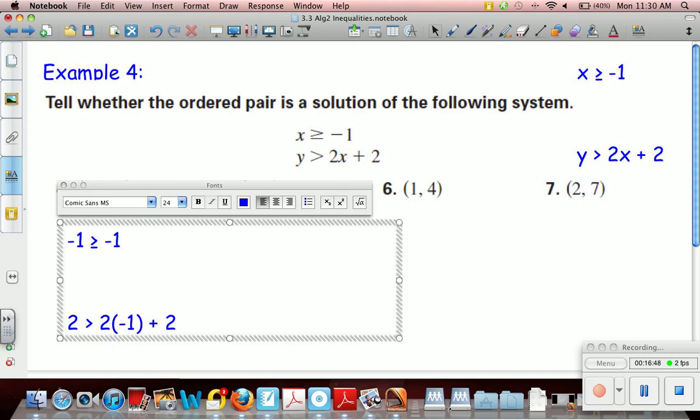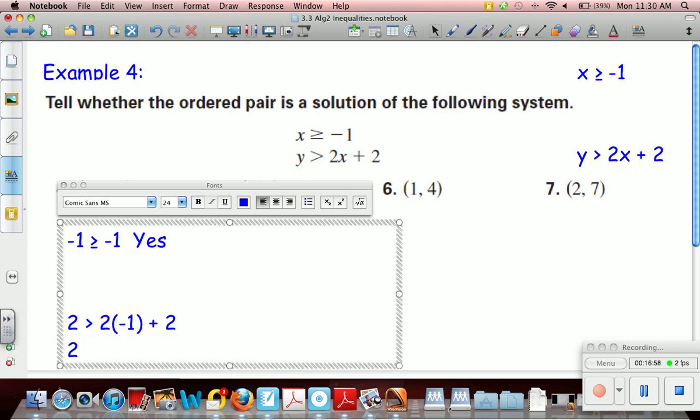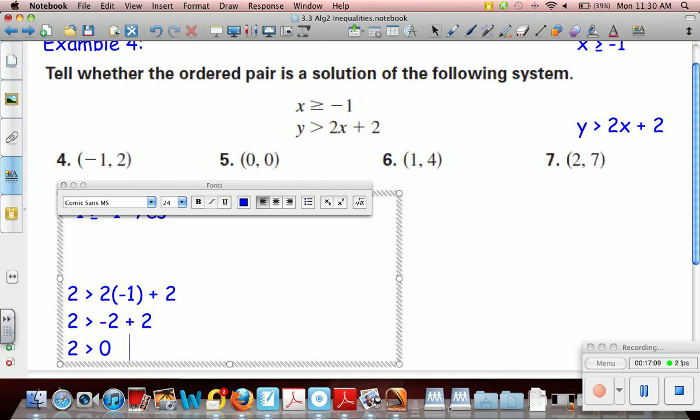And then I solve. Is 1 greater than or equal to -1? Well, yes. So then I check over here. Is 2 greater than -2 plus 2? So is 2 greater than 0? And that is a yes also. So this is a solution.